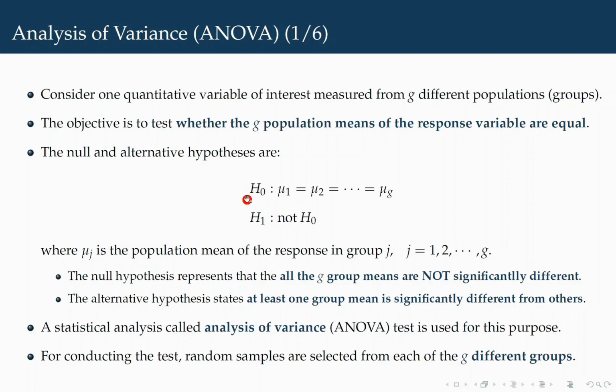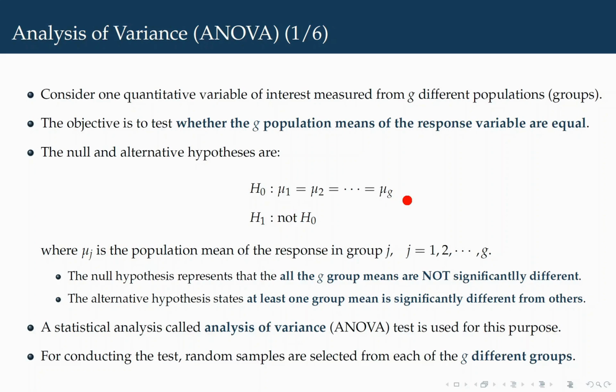So in the null hypothesis, we write all the means using this equal sign, but in the alternative, we couldn't write the means with a different from type in all of the cases. Rather, we have to say not H0. This means at least one of the G different means is significantly different from the other.